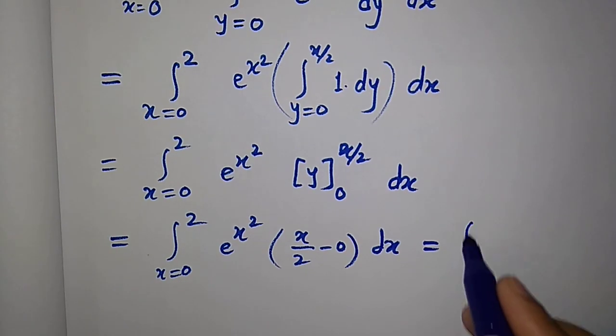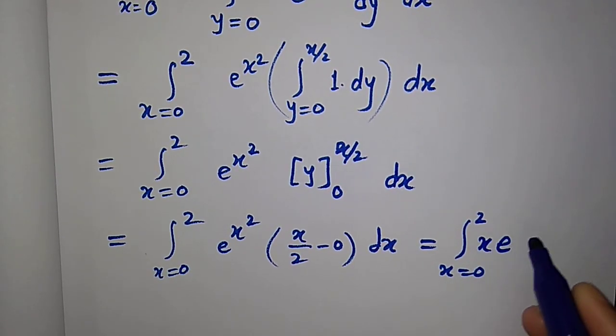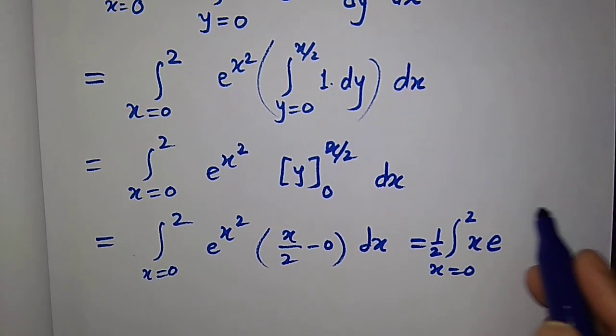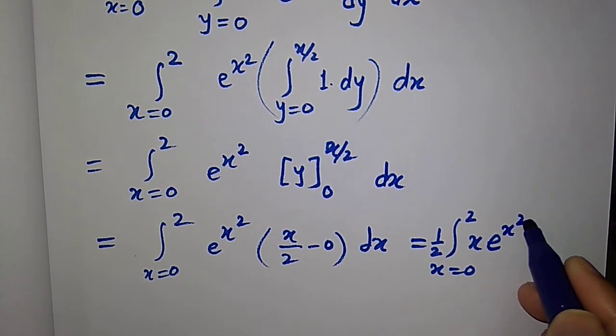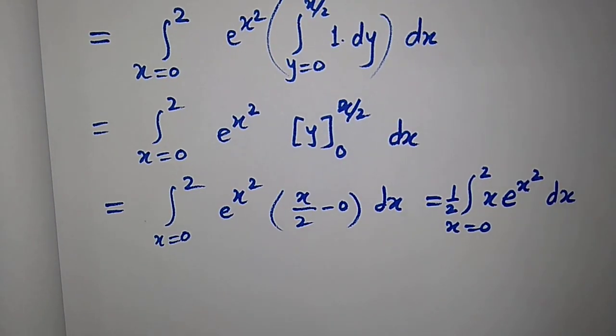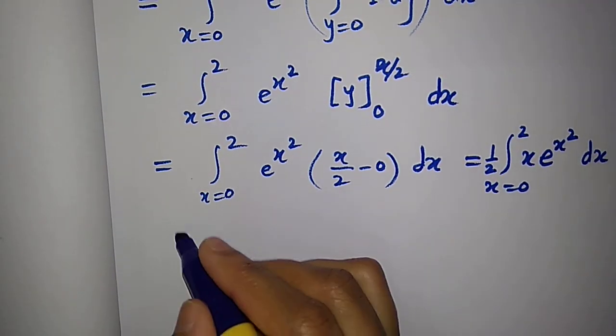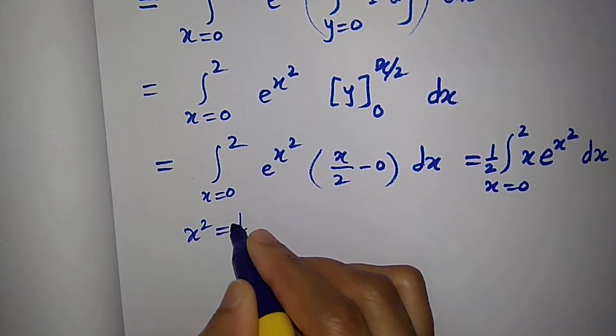So this is just equal to x from 0 to 2, 1 by 2 into x e raised to x square dx. Now this is easy because we can substitute. Let us say x square is equal to t.